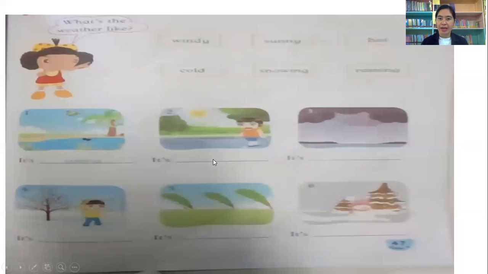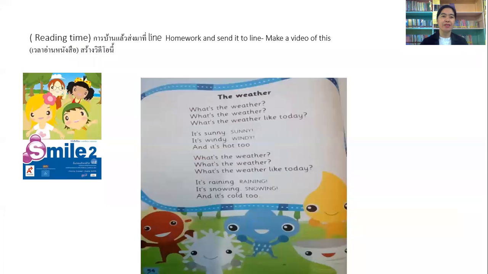It's hot. Number 3, it's raining. Number 4, it's cold. 5, it's windy. And number 6, it's snowing. Okay, you're going to write your answer in the blank. Next, let's have the last one.